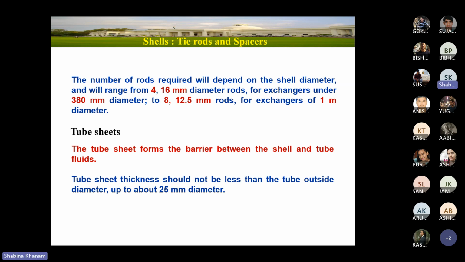I hope you are getting my point. If tube OD is more than 25, tube sheet thickness will be equal to OD, otherwise 25. In that way you can choose the tube sheet thickness.